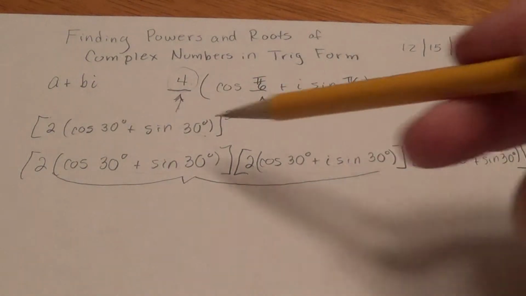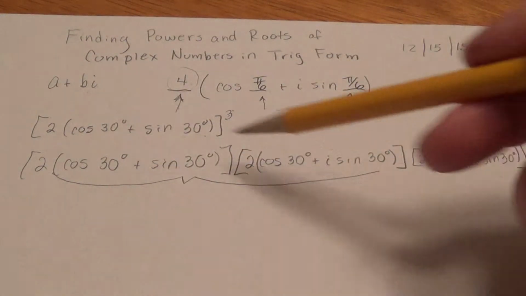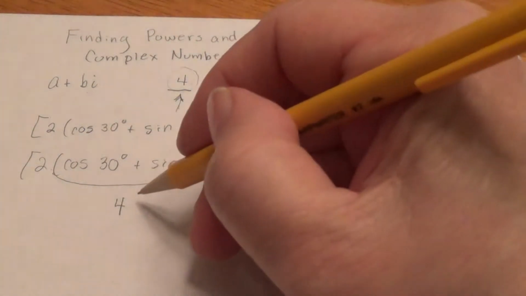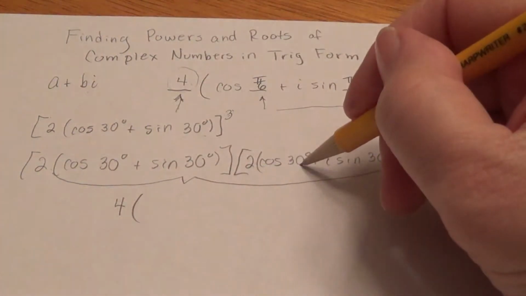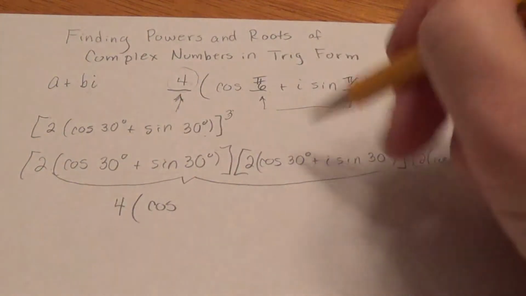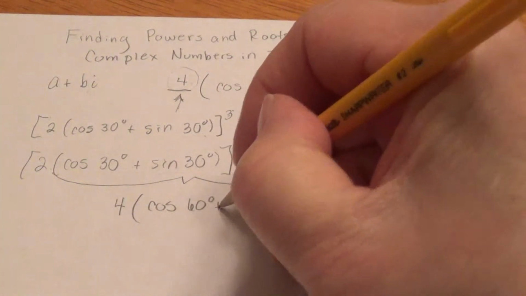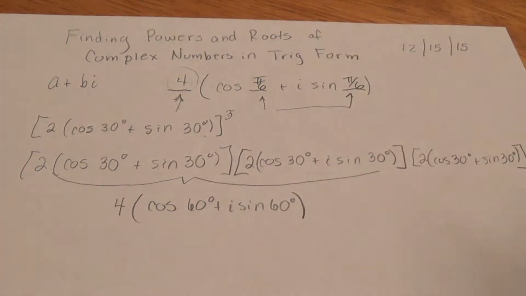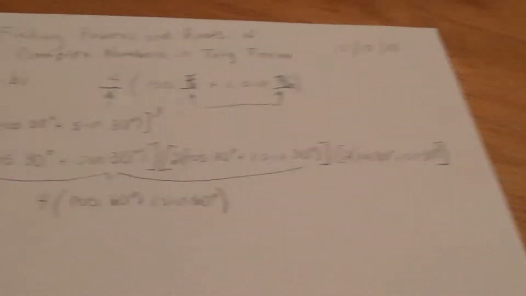We've learned how to multiply two complex numbers in trig form. You multiply the modulus numbers, 2 times 2, and you add the angles. So this one would be 4 cosine of 30 plus 30. And we had some practice in class, hopefully, today with that. So that's the answer to that one.